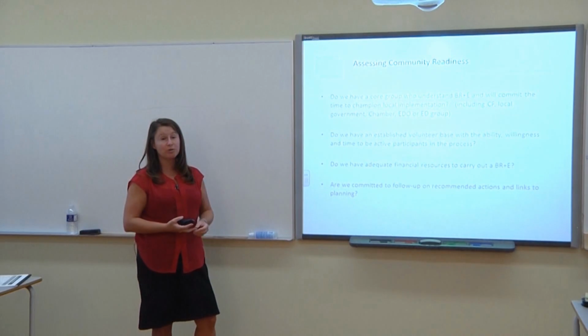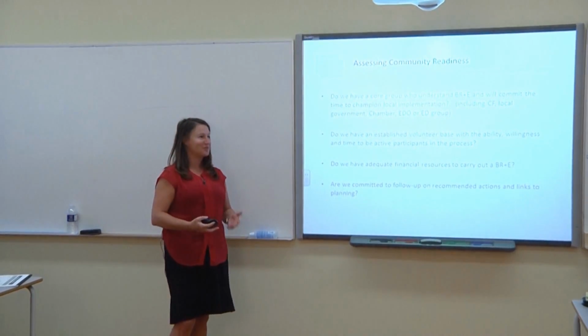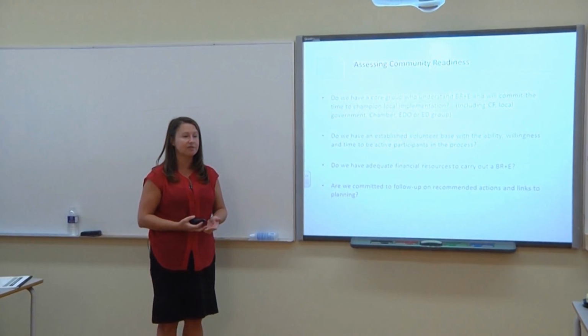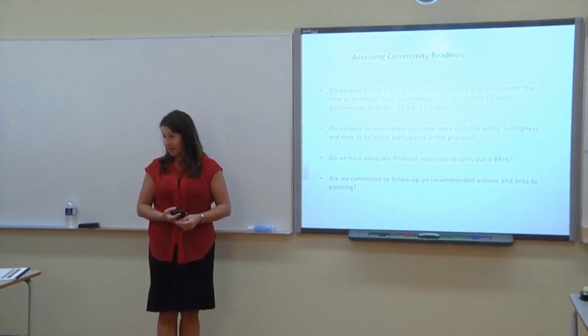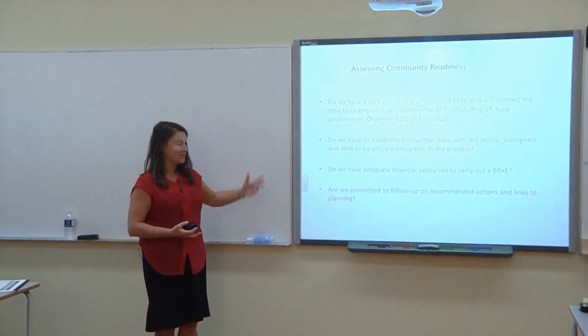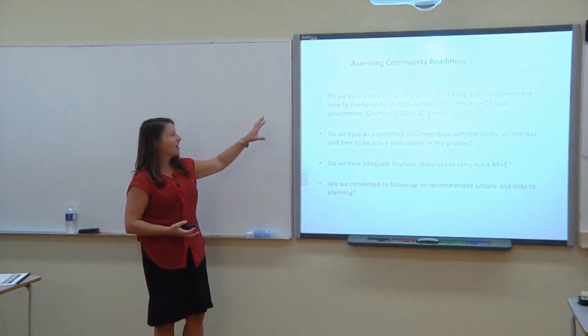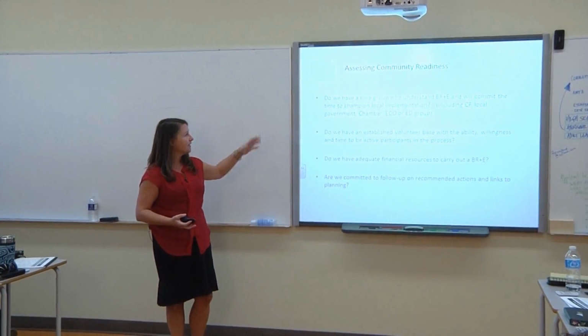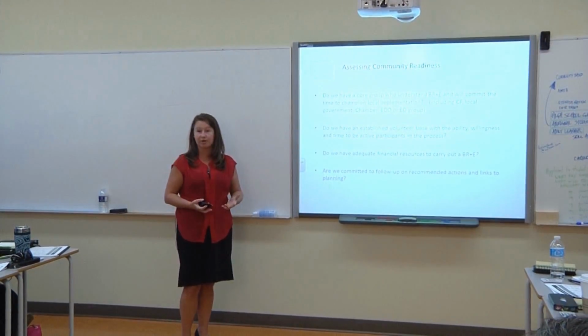In the Ontario model, which you can find online if you search Government of Ontario BRIE, they have a manual and, I believe, a 20-item checklist on BRIE readiness. So we've adopted the general flavor: do you have a core group, with this idea of a steering committee, that will commit the time to champion local implementation?